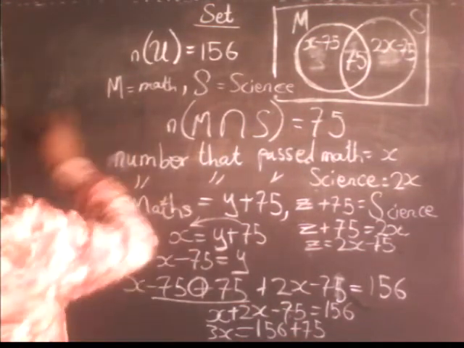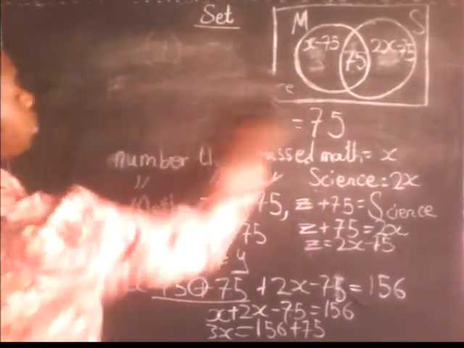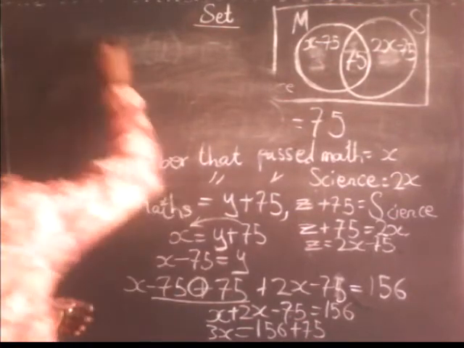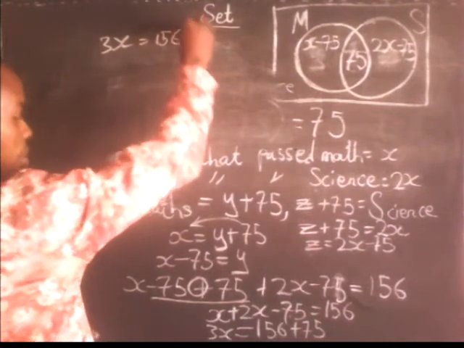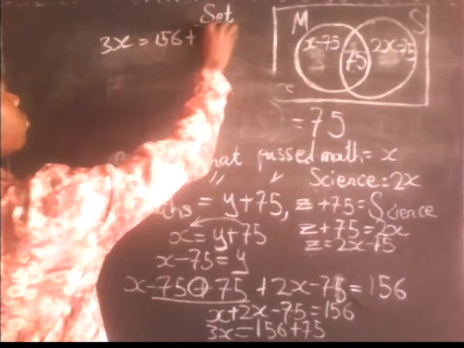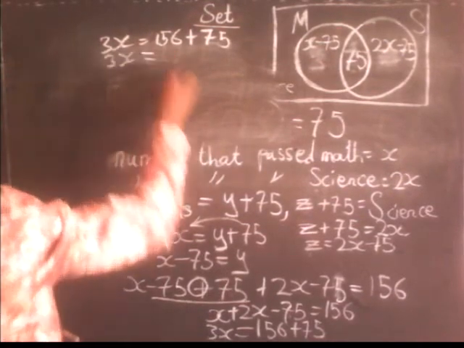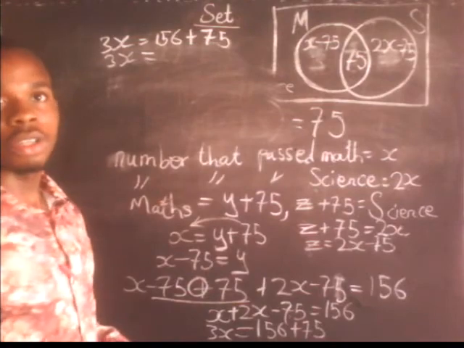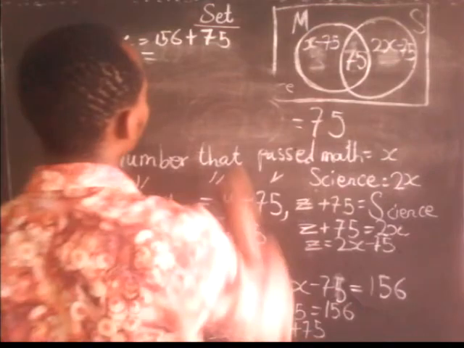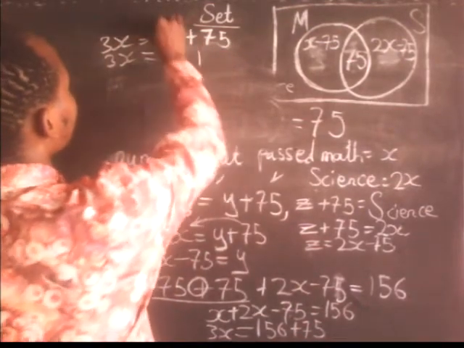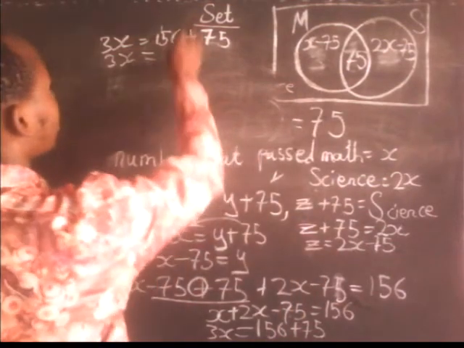So I will now have up here that 3x is equal to 156 plus 75. 156 plus 75, I'll say 6 plus 5 gives me 11, and 5 plus 7 gives me 12 plus 1, 13.